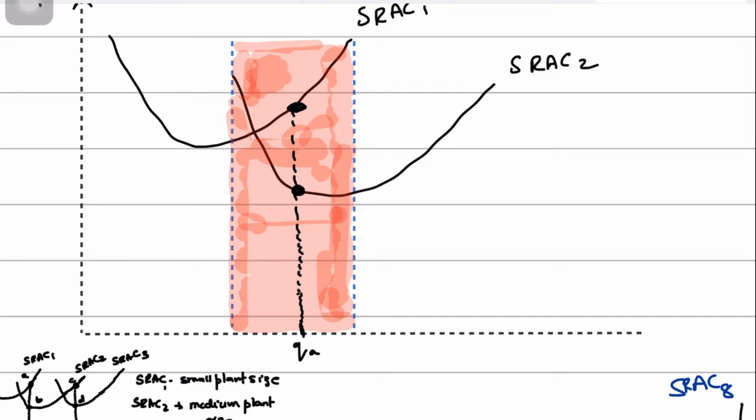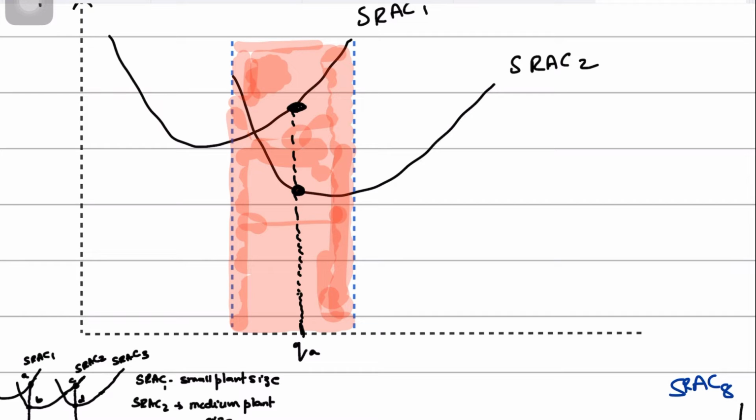So if the firm chooses to produce a quantity in this region, it can actually choose the level of capital associated with SRAC1 or SRAC2, which simply means it can choose whether to produce QA units in the first factory or the second factory. Which plant would it prefer?